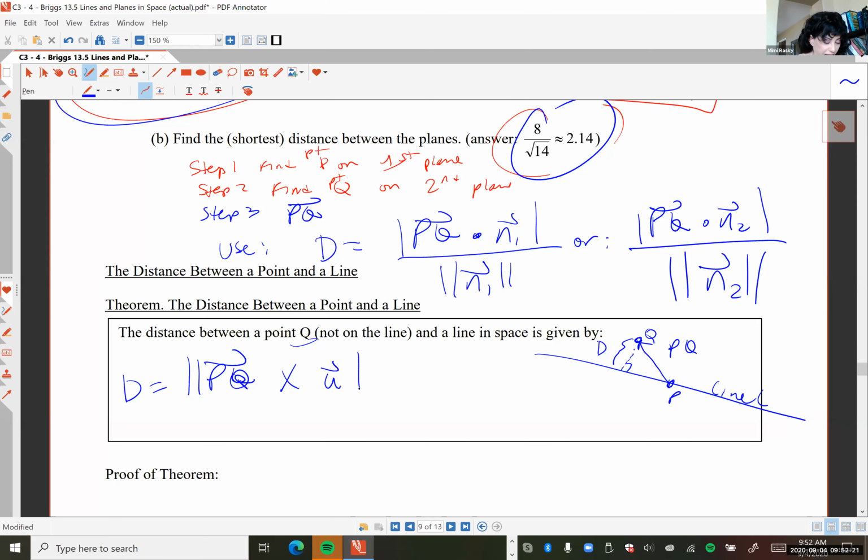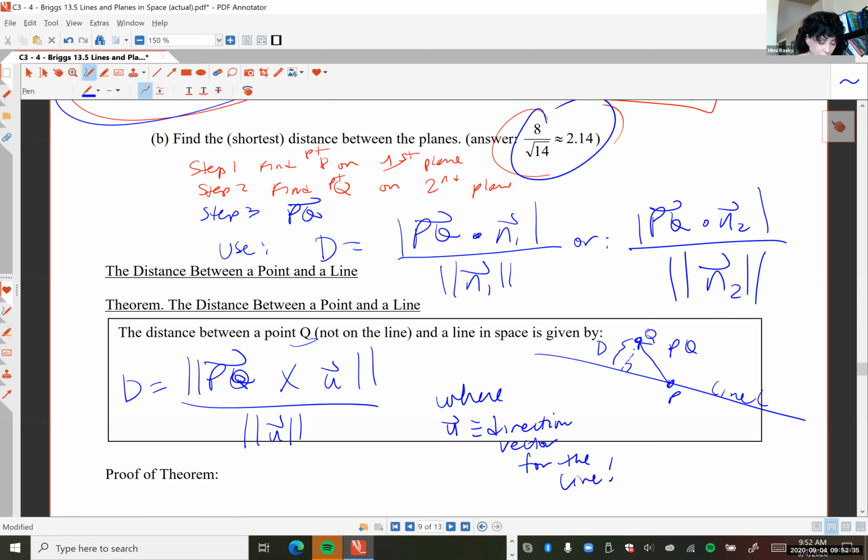I'm just going to call the vector U for now, and then divide by the magnitude of U, where U is just a direction vector for the line. So this one's harder because you have to get a cross product, and that's always a pain. And then you have to take a magnitude of a cross product. So it takes a lot longer to find the distance between a point and a line than it does a point and a plane.